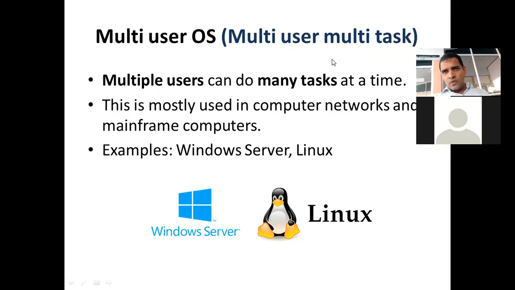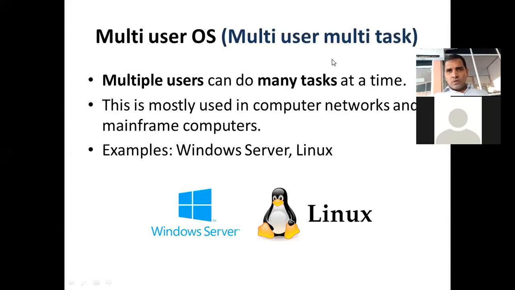You all know that there is one monitor, one keyboard, and everything is one, right? So how can it allow many people? It seems to be impossible, right? A single person is correct, but even two people cannot be there, because you have only one monitor, so it seems to be impossible, right?